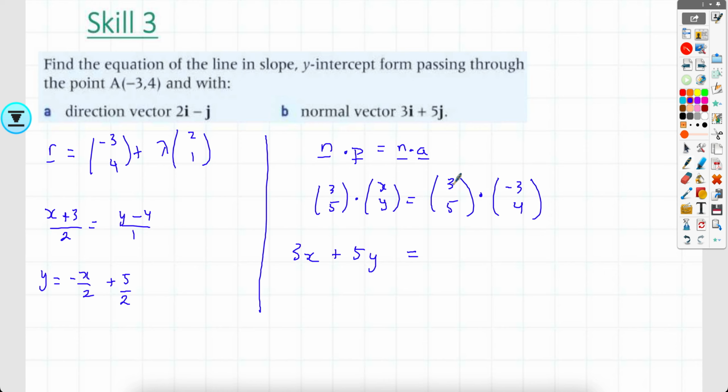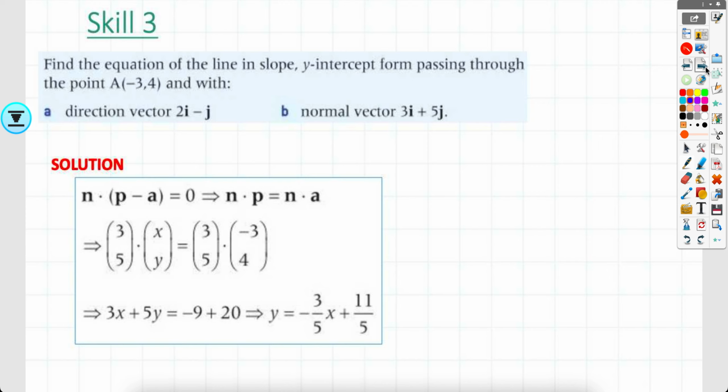And then in here, 3 times negative 3 plus 5 times 4, simplify this, and it's going to give you 11. And then I need it in gradient intercept form, make y the subject, quite easy to do, y equals 11 over 5 minus 3x over 5, and that's it. You have your final answer.